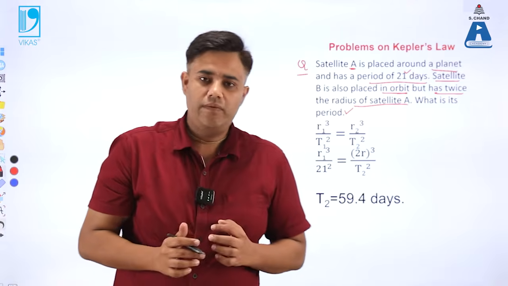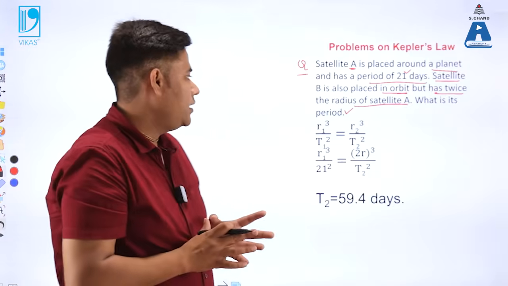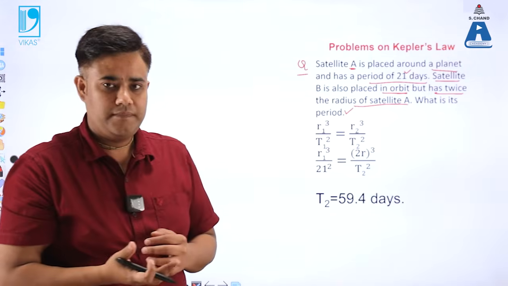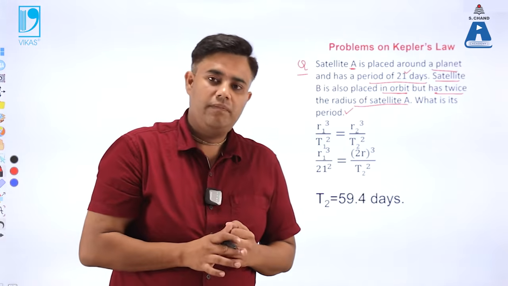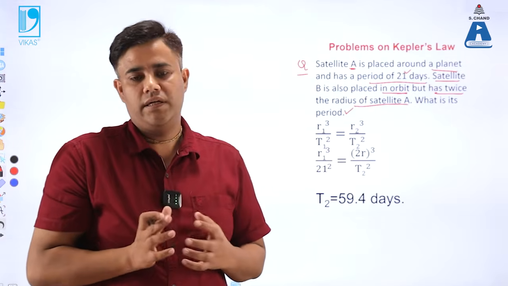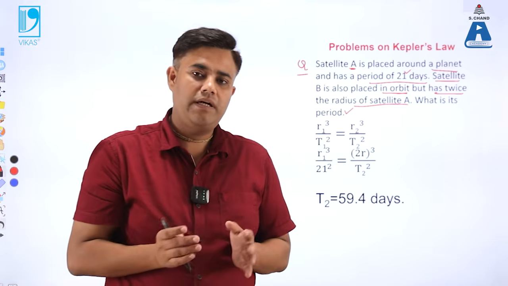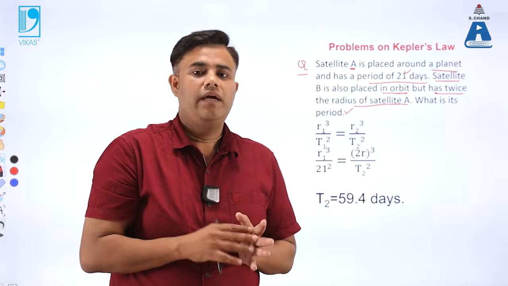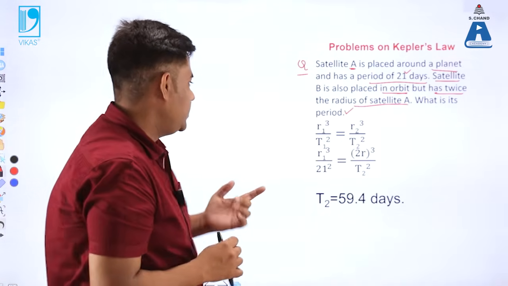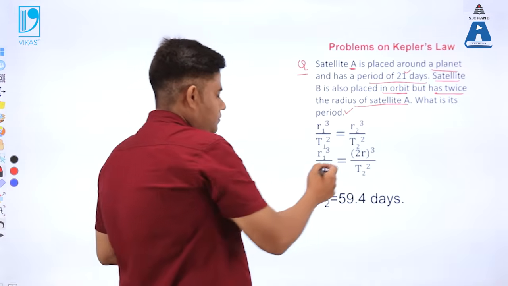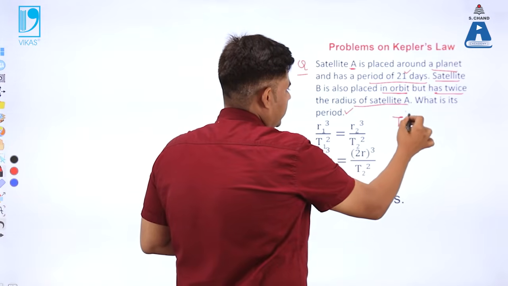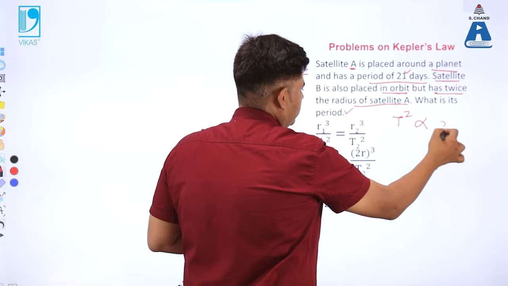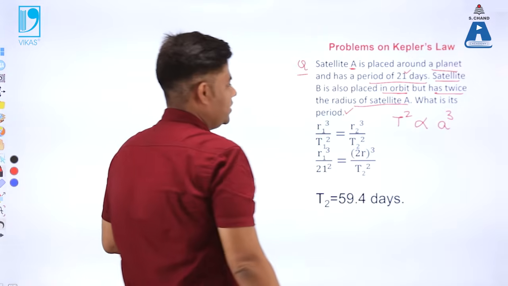So when the time period and the distance come into the picture, we have to use a mathematical expression, and that expression is given by Kepler's third law. And what is that mathematical equation? It says that the square of the time period is directly proportional to the cube of the semi-major axis.